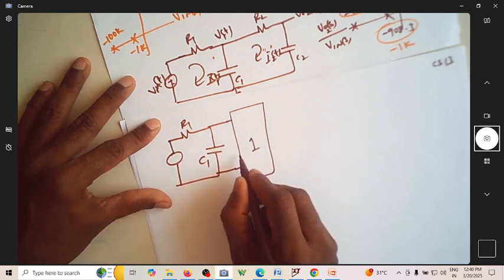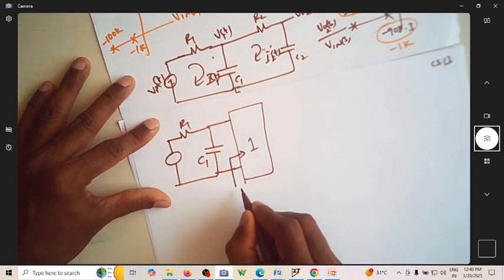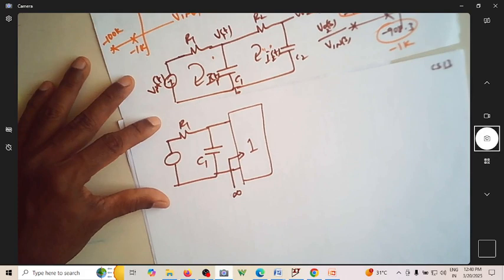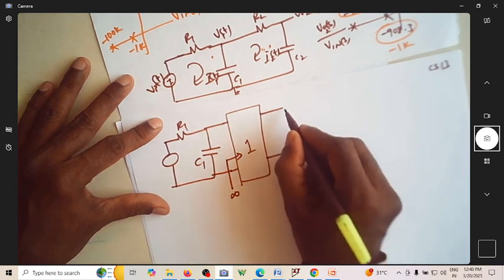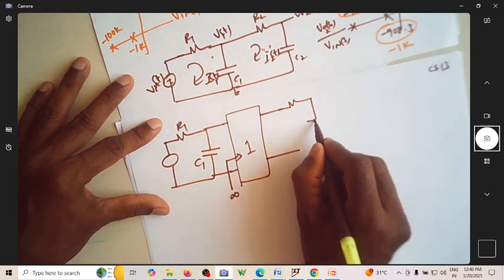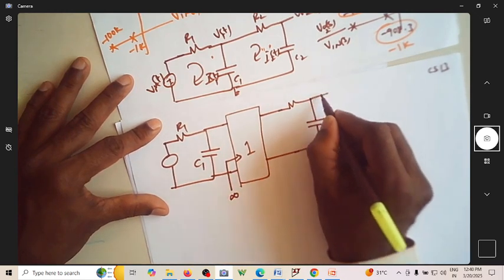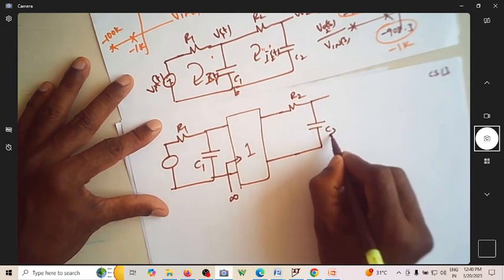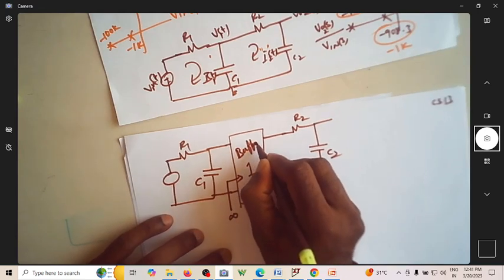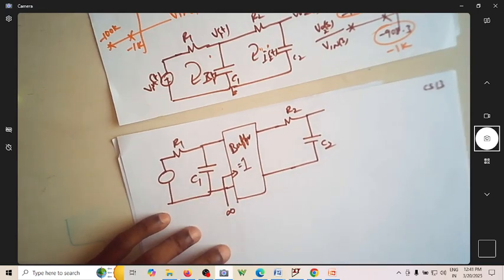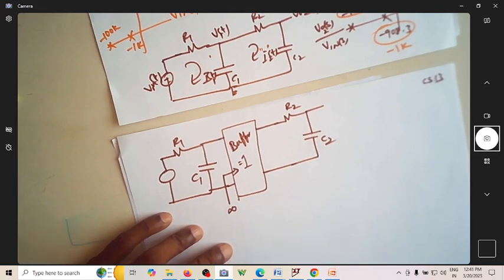What is more important is that it has an infinite input impedance, and its output impedance is 0. So this is R2 C2. What is this? This is a buffer with gain equal to unity.